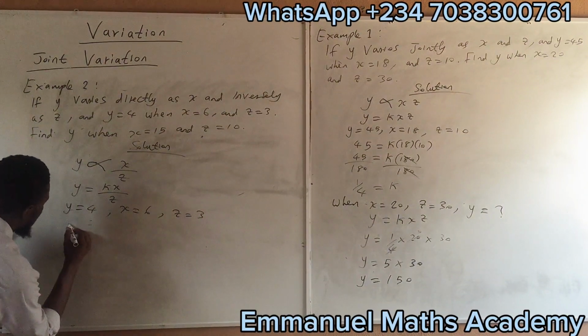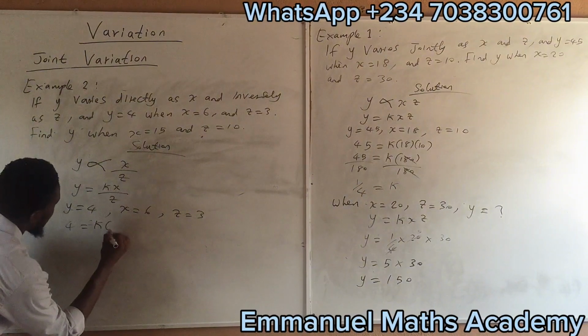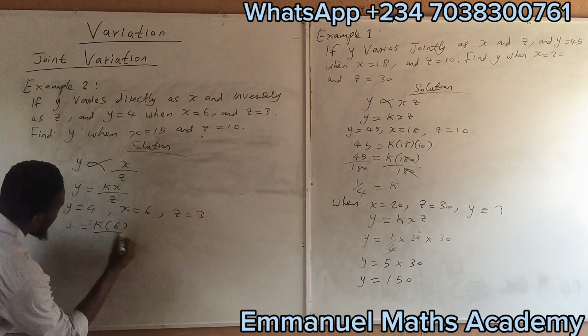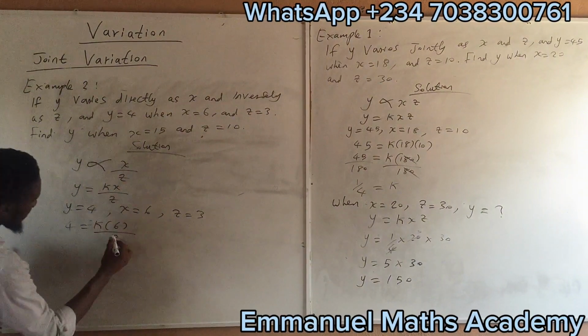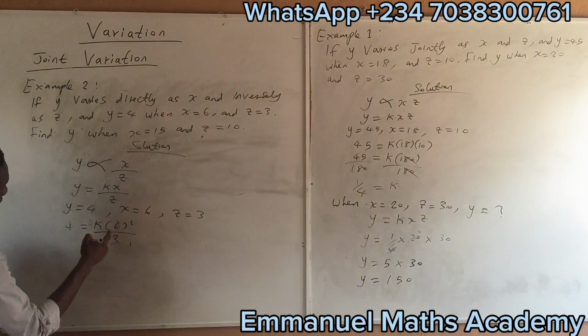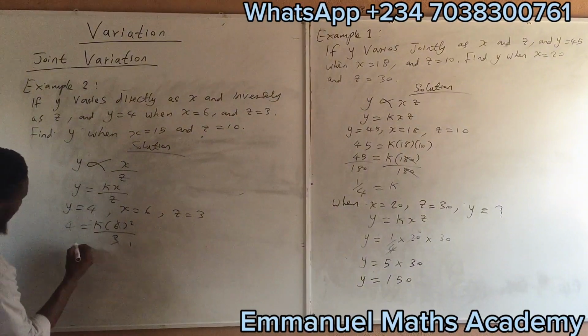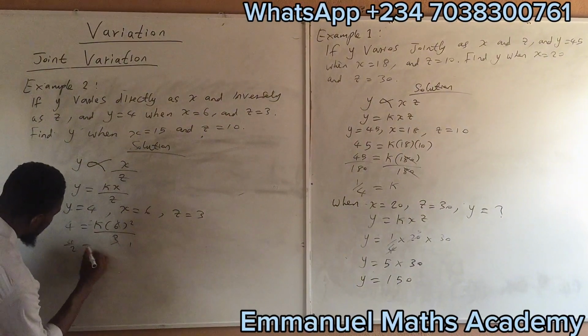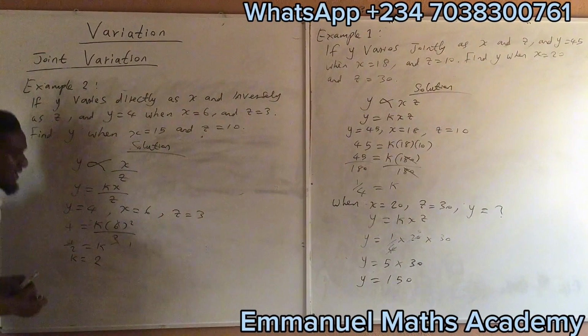We have 4 equal to K times 6 over 3. If 6 divides 3, we have 2. Now have 4 over 2 equal to K. That means our K is equal to 2, right?